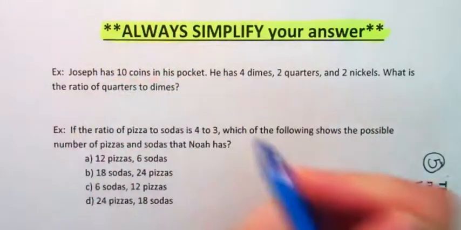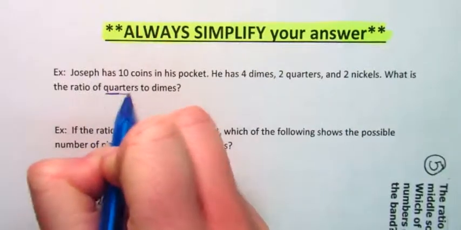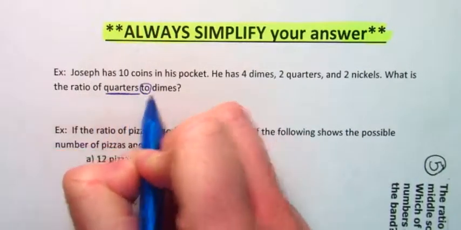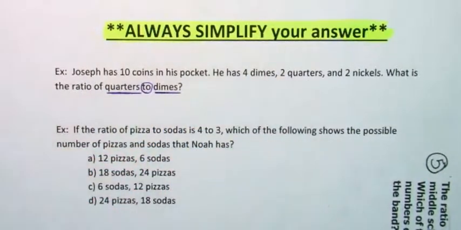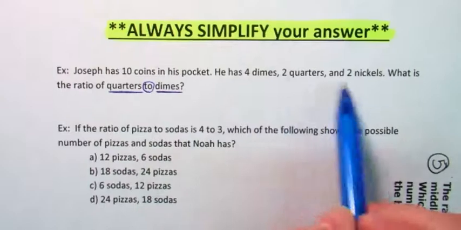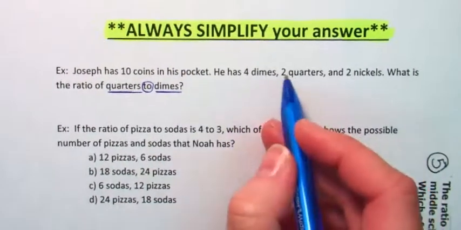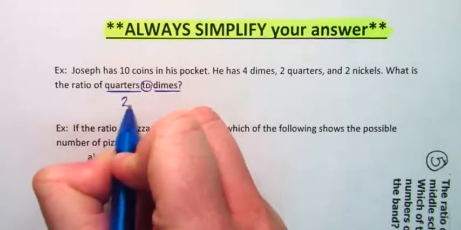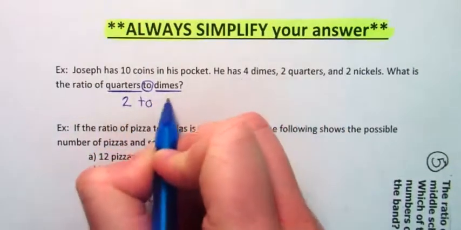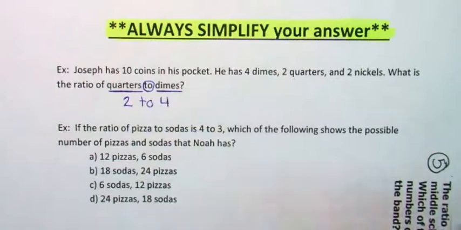My strategy that we always discussed in class was to underline, circle the word "to," and then underline, so you know exactly what it is asking you to compare. In this case, we're asked to compare quarters to dimes, and that order matters. It doesn't matter what order it is in our sentence; the order that it asks for is what matters. So we have 2 quarters compared to 4 dimes.